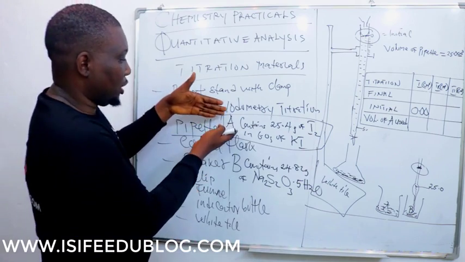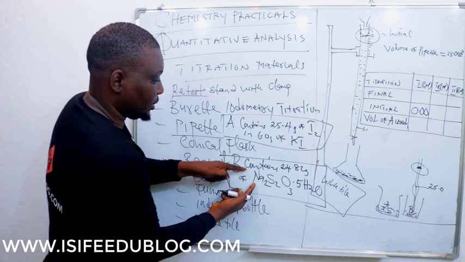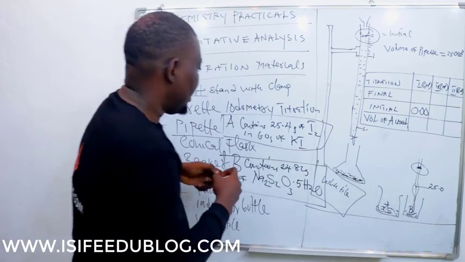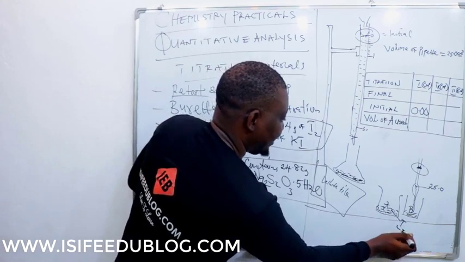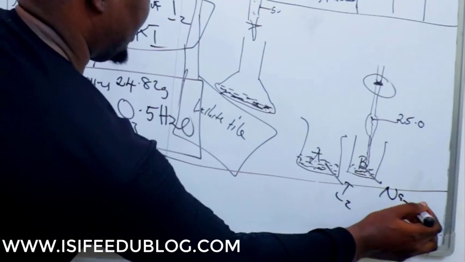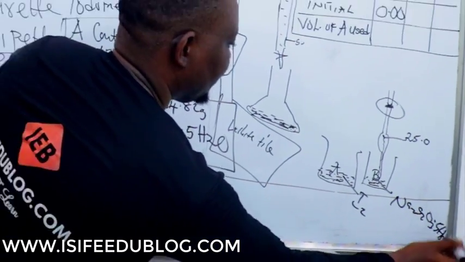So this is your solution of the acid, and this is the solution of the base. Let A be the iodine. Let B be the thiosulfate, whose water of crystallization you can just find.